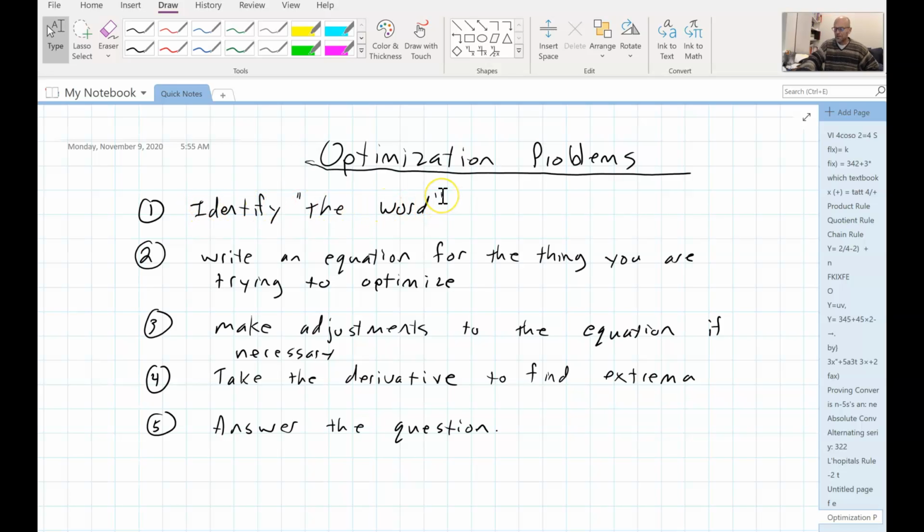If you don't find the word, then you will assume it's not an optimization problem and you want to go do a different method. But even if you already know it's an optimization problem, this step 1 is still really important because you have to find the word to know what it's applied to so you know what equation you need to write.